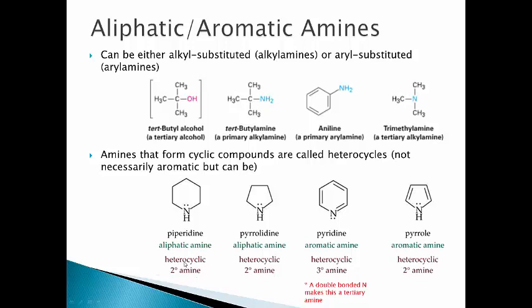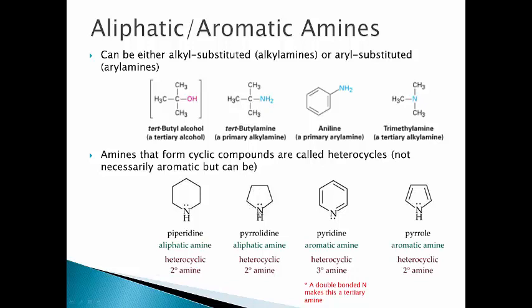Other ones to add to your list are piperidine and pyrrolidine. Here it's 1, 2, so it's a secondary heterocyclic amine. Here again 1, 2 coming off the nitrogen, so it's a secondary heterocyclic amine.